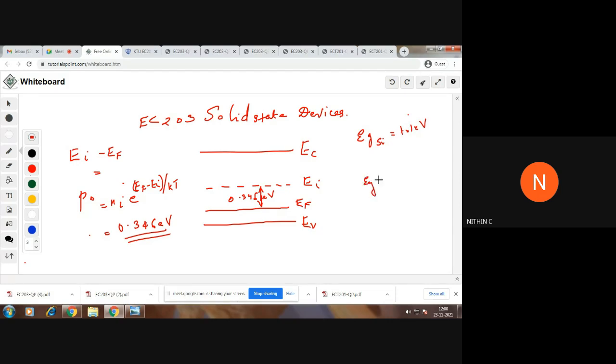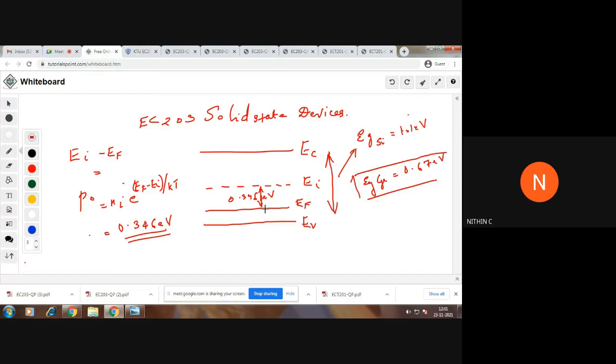If it is EG for germanium, it will be 0.67 electron volt. EG means EC minus EV, the difference between EC and EV. In silicon it will be 1.1 electron volt, and in germanium 0.67 electron volt. You can just note that. Sometimes it will not be given in the question, so you can use that also.